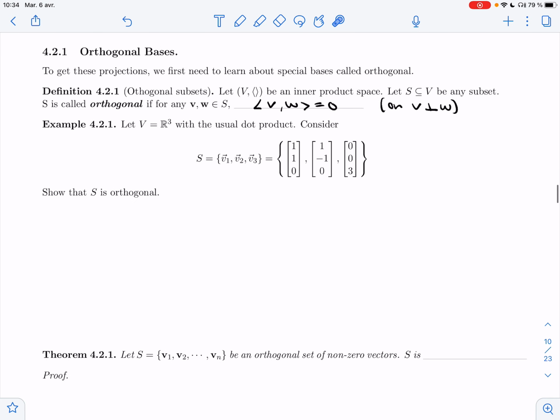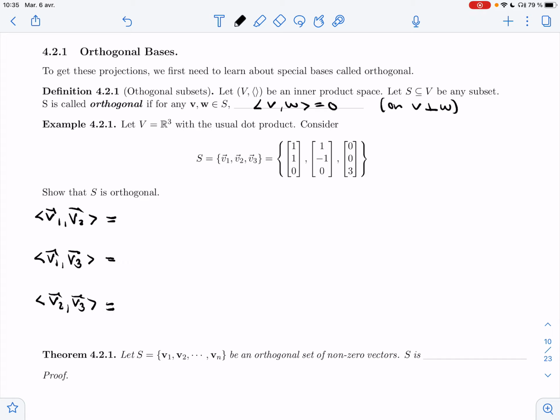All right, so let's consider R^3 with the usual dot product. I'm going to consider this set S. I want to show that S is orthogonal. So I need to check that any pair of vectors in that set are orthogonal. So I'm going to need to compute v1 dot v2, v1 dot v3, and v2 dot v3.